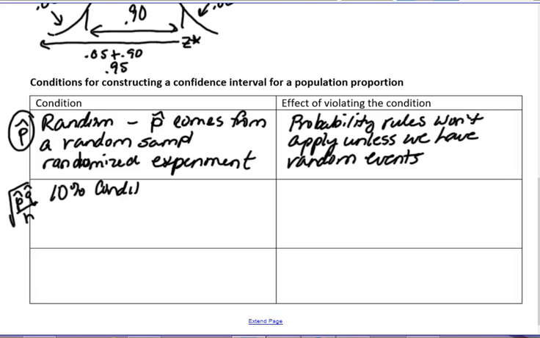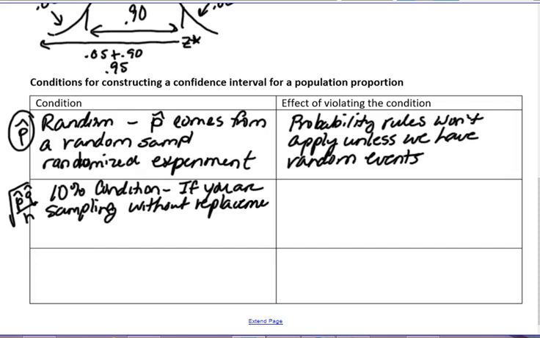This says if, and only if, you are sampling without replacement. I want to emphasize this condition only applies if you're sampling without replacement. Otherwise, you don't have to check this.